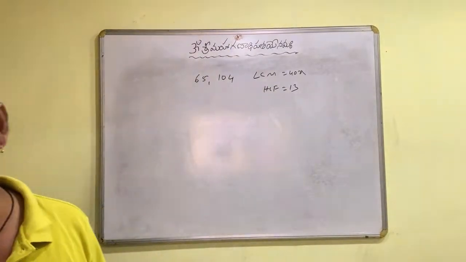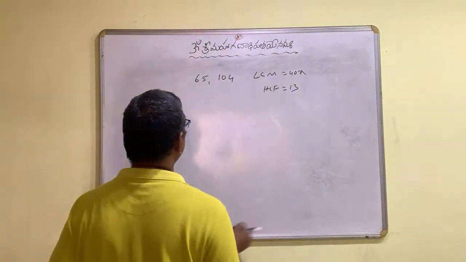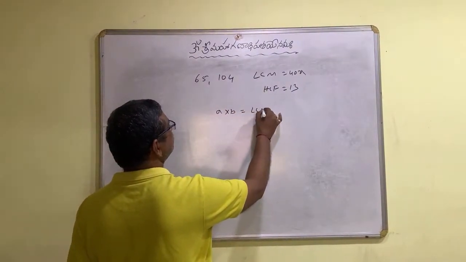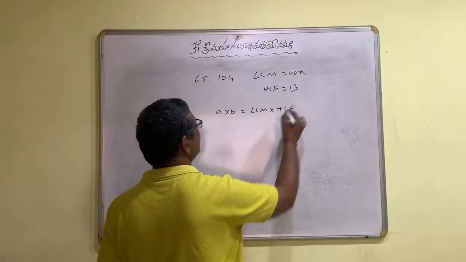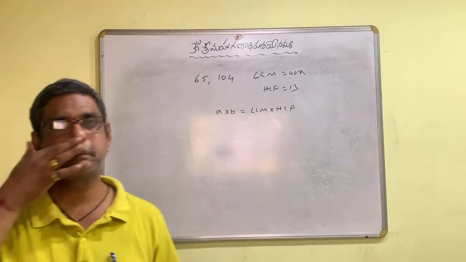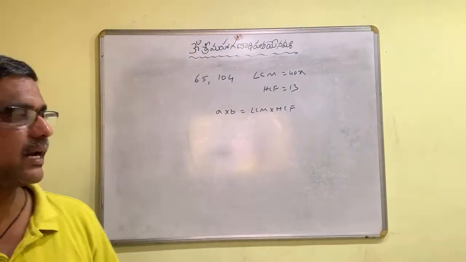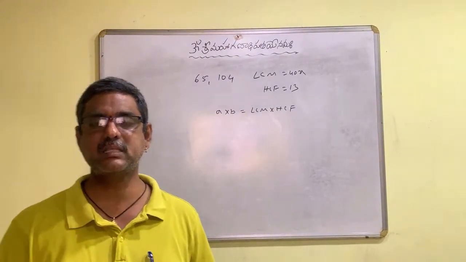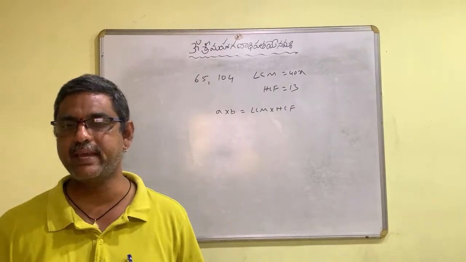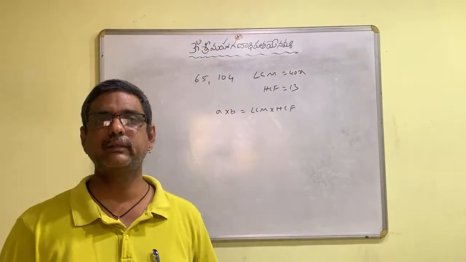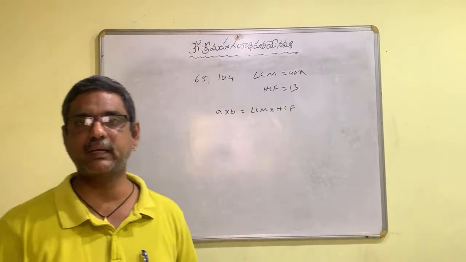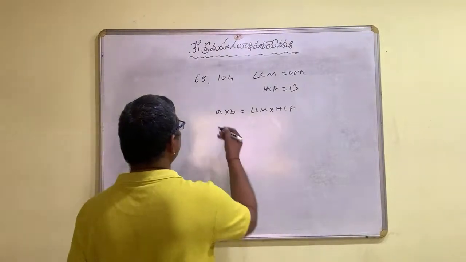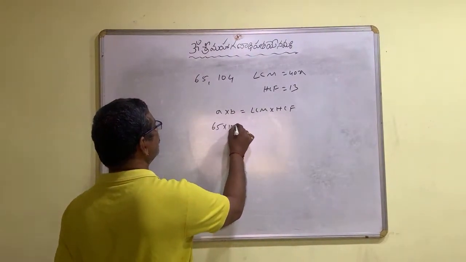We have a relation that the product of two numbers is equal to the product of their LCM and HCF. Let the numbers be A and B. So their product is equal to the product of their LCM and HCF. Now the two numbers are given, 65 and 104.